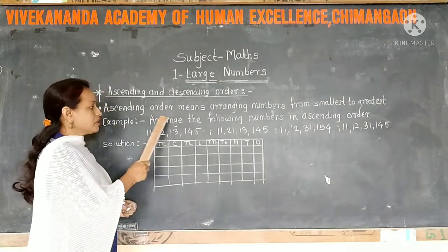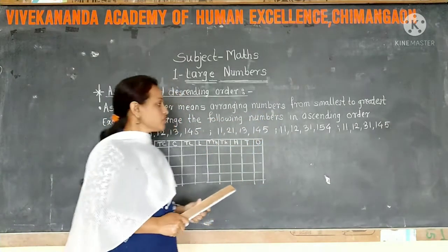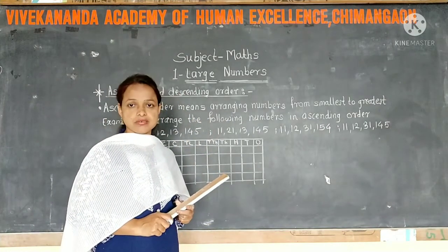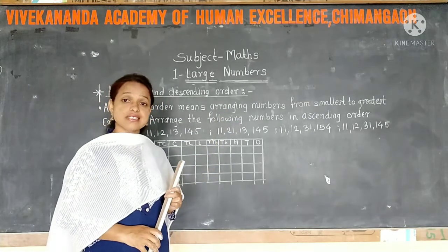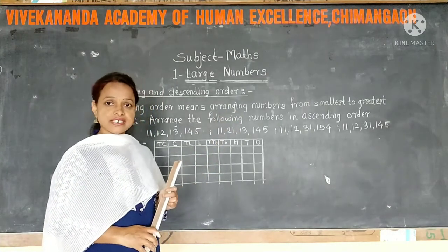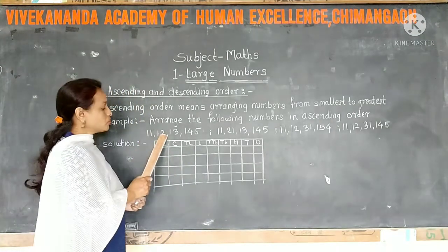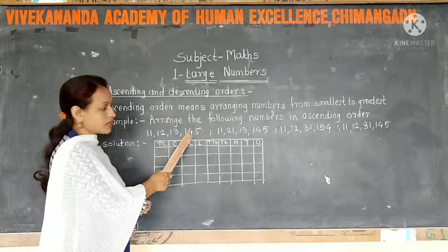Example: arrange the following numbers in ascending order. Here 4 numbers are given. We have to arrange those 4 numbers in ascending order. So let's read them. The first number is 11 crore 12 lakh 13,145.